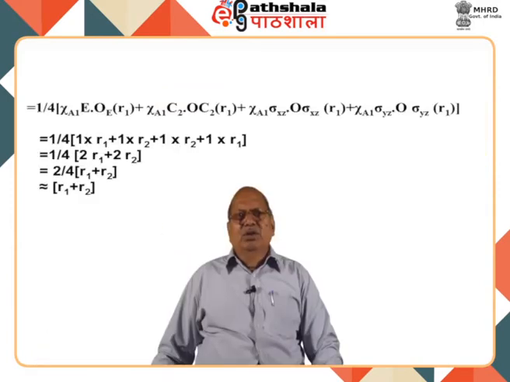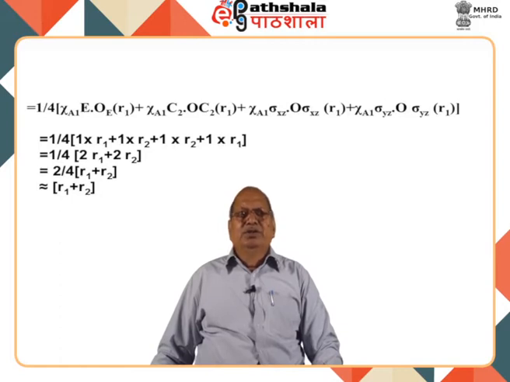By making use of this, we get 1 by 4 times chi A1 E into OE on R1 plus chi A1 C2 OC2 on R1 plus chi A1 sigma XZ O sigma XZ on R1 plus chi A1 sigma YZ O sigma YZ on R1.